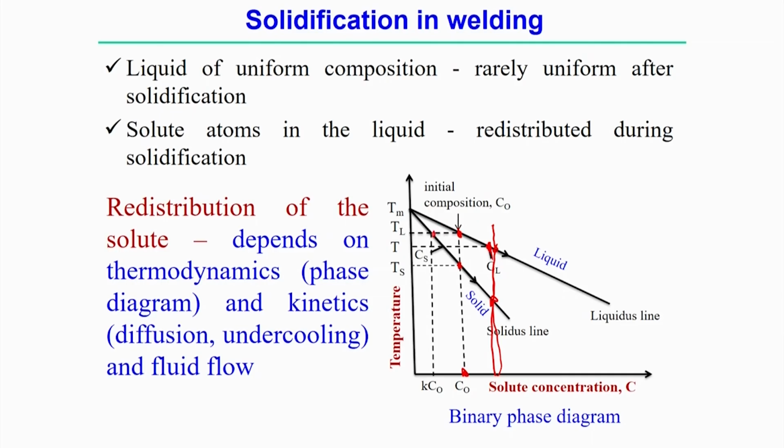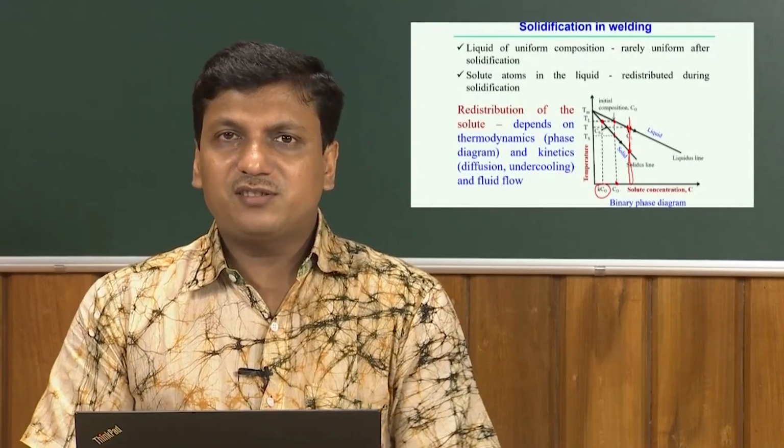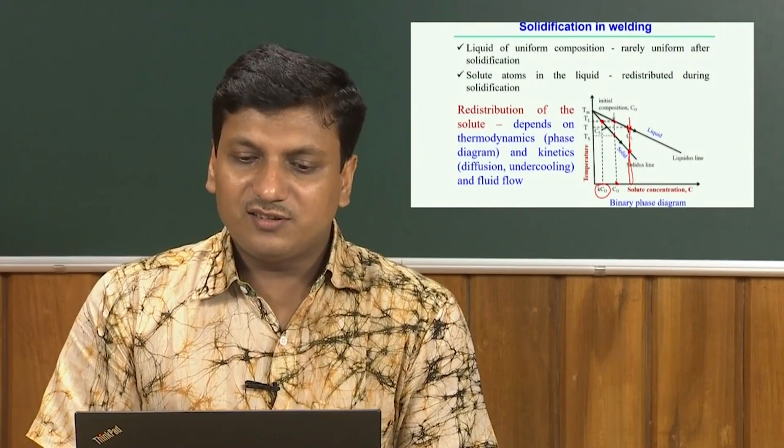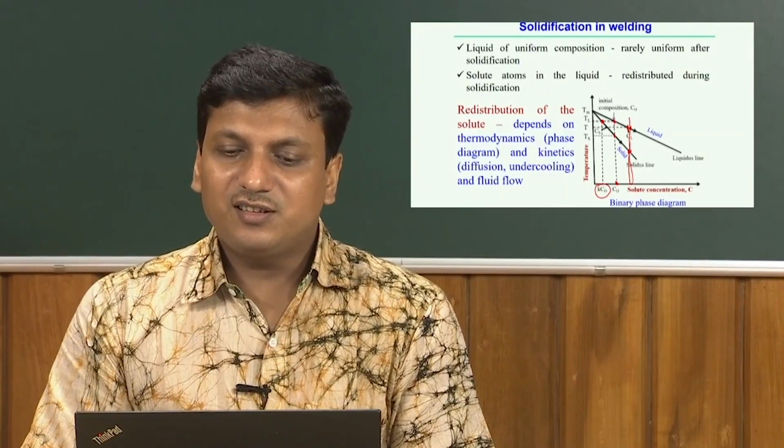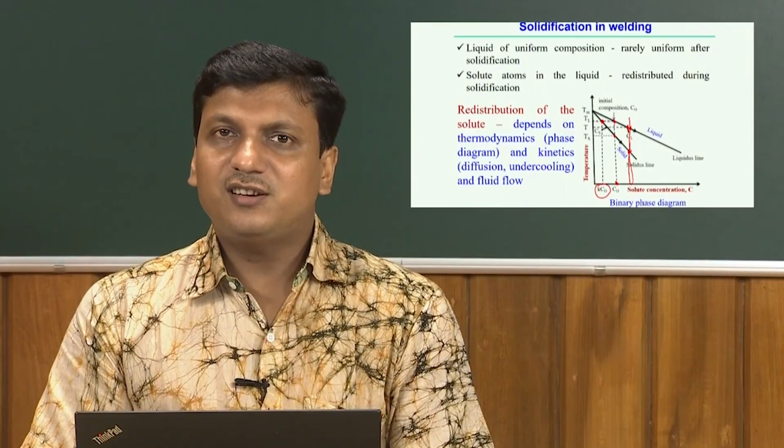The point where it crosses the solidus line has a composition corresponding to k times C0. Here k should be less than 1, which means the solid composition in this case is less than C0.